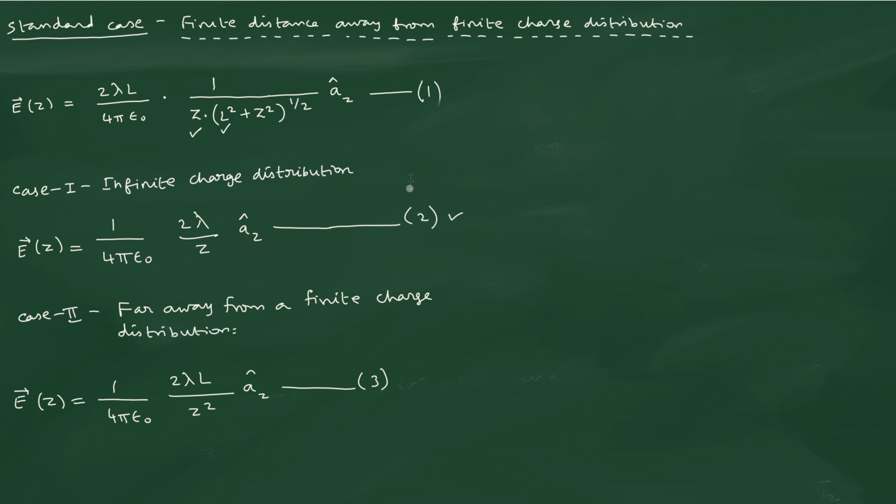Whereas 1 is a little bit complicated, and therefore when compared to these 3 equations, equation 2 appears to be somewhat a simple equation, and it is also a special case corresponding to an infinite charge distribution, in which case the total length doesn't enter into the equation. That is the first point.